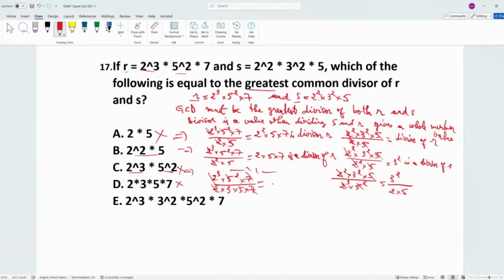In the end, we'll have 2 to the power 2 times 5 over 3. This is a decimal number. And this one here as well, we clearly see that this is not a divisor of R because of this value, 3, because here we don't have 3. So if we divide it, 3 is going to remain as a denominator. So this is not. So the answer is this one, because it's the greatest common divisor.